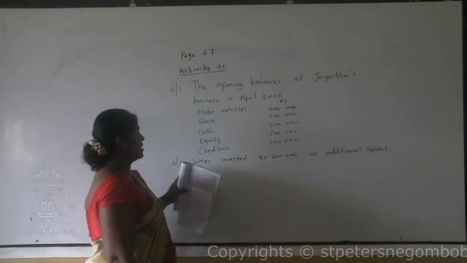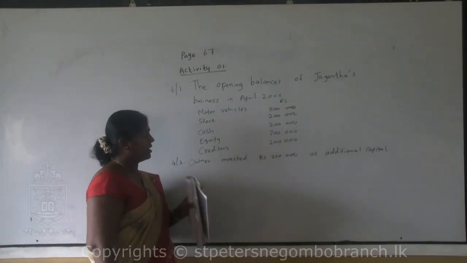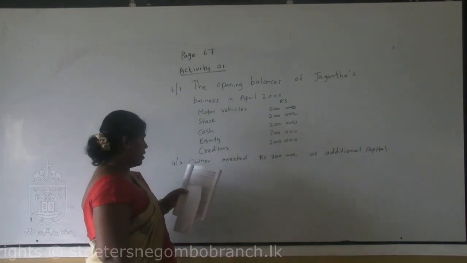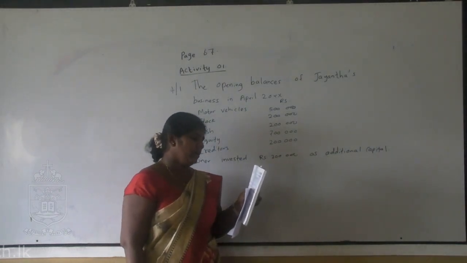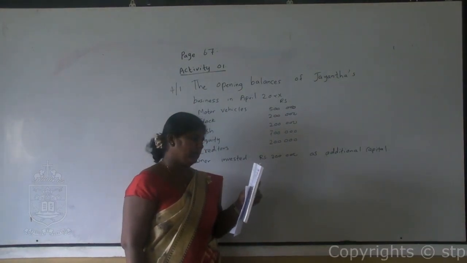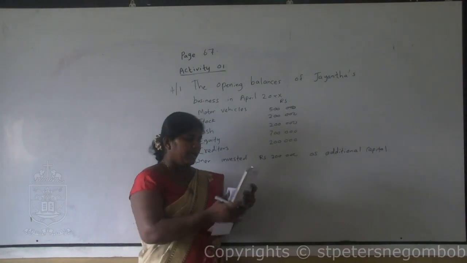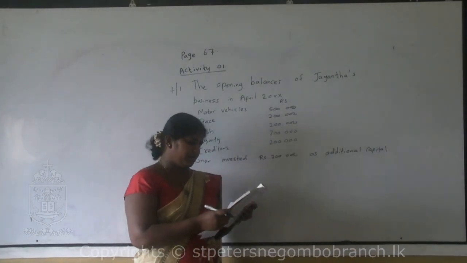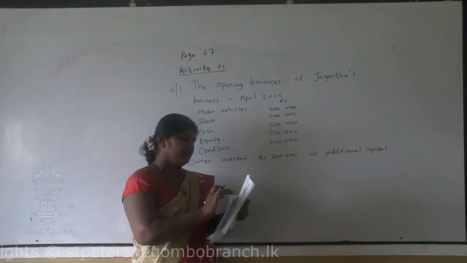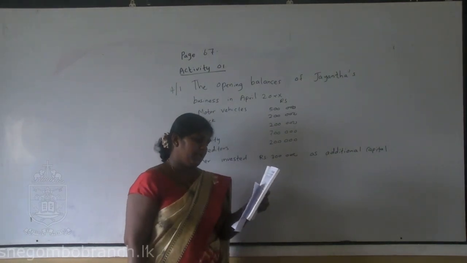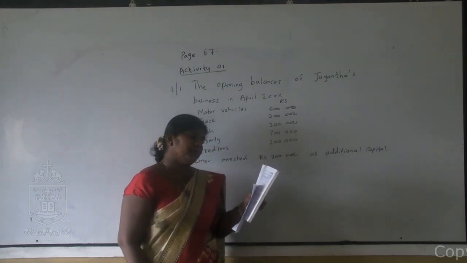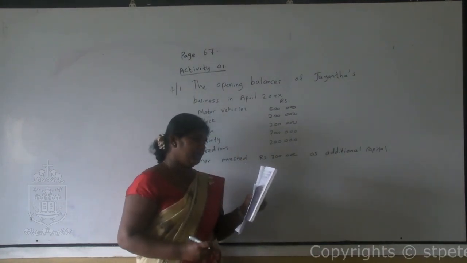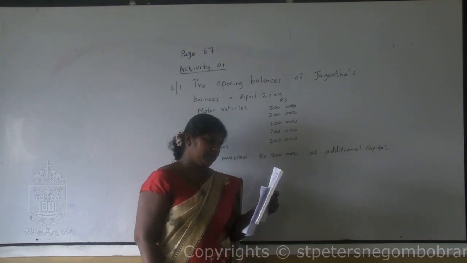That is the first transaction after writing these balances. Next, go to the next transaction, 5th of April. Here stocks increase by 100,000, a plus value, and creditors increase by 100,000. That means asset increases and liabilities increase.